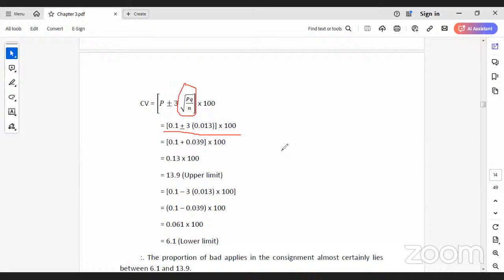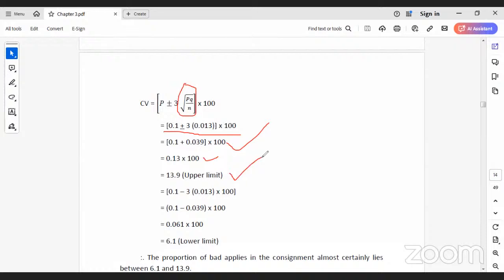So first we have to do with the plus sign. That is 0.1 plus 0.039 into 100. That is 0.1 plus 0.039, that is 0.139 into 100. That is 13.9. So 13.9 you have to write.